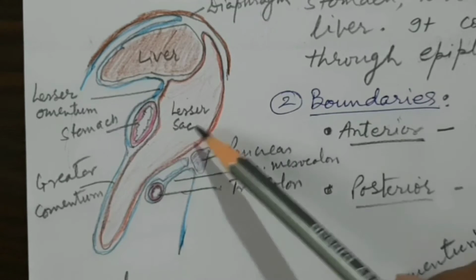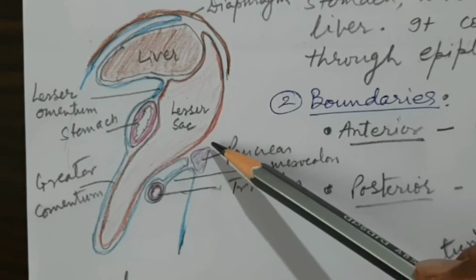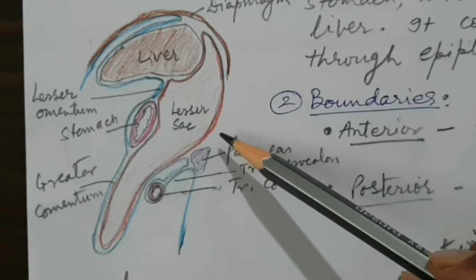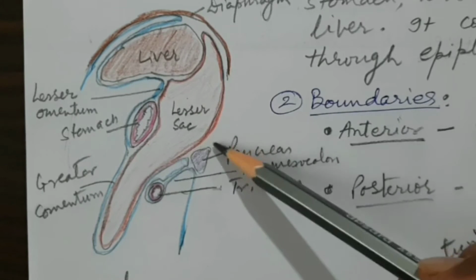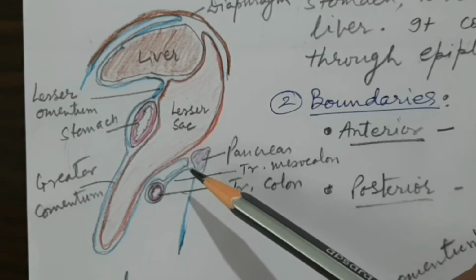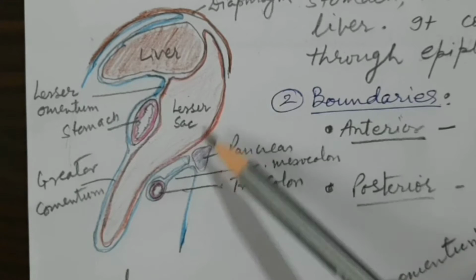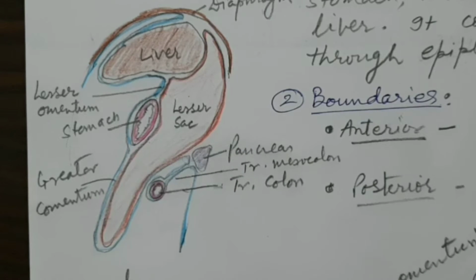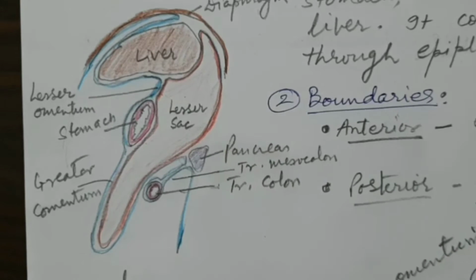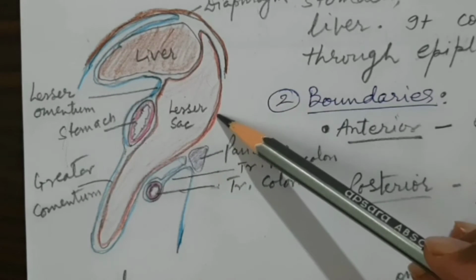And then, if you go to the upper part of the posterior abdomen, it will cover the kidney, on the left side. So it is the kidney which will be under cover of the lesser sac, the posterior boundary, and then it will cover the left suprarenal.